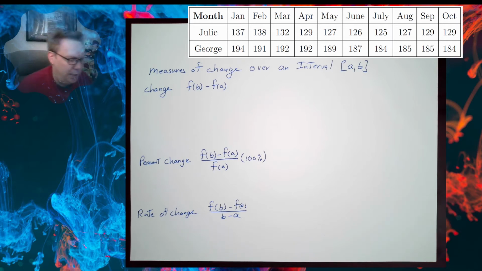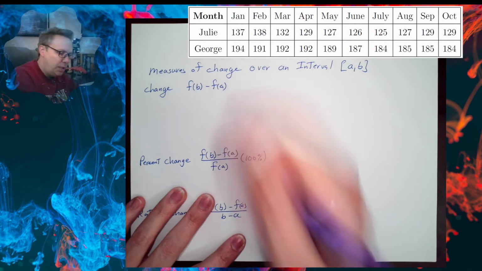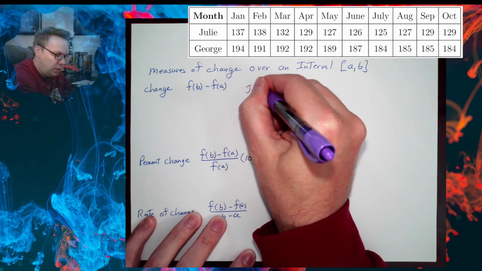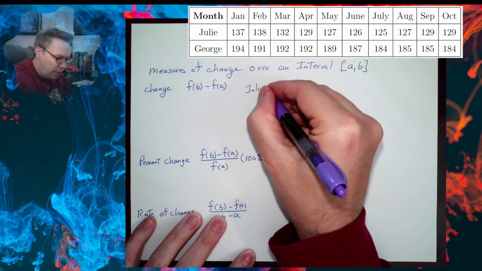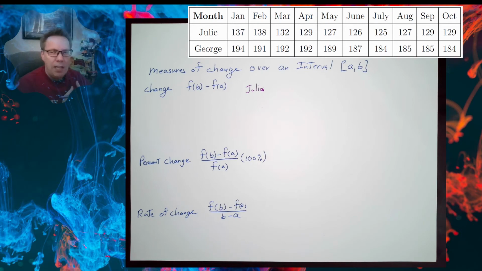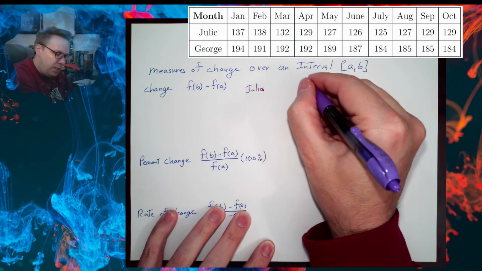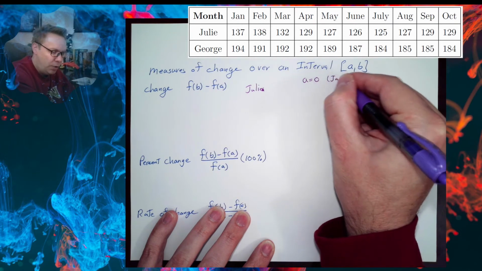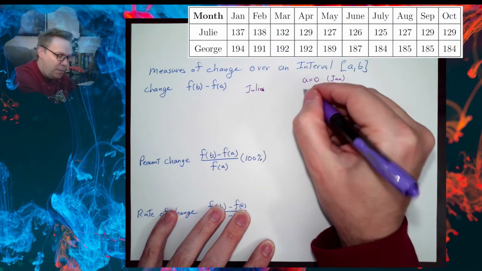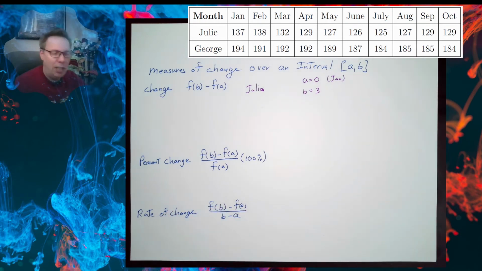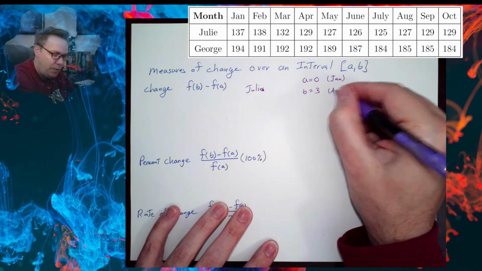So this is the way I would attack it. So I'm going to do this for Julie here. And Julie, no S at the end of that. And f of b and f of a, well, if I'm dealing with A, I want to label that with a 0 because I'm going to call that January. And then B, I'm going to label that a 3 because if January is 0, April would be 3.